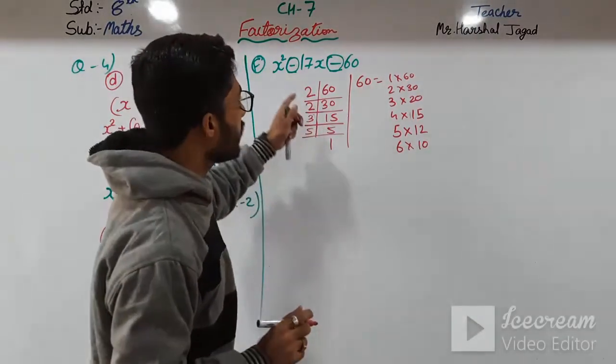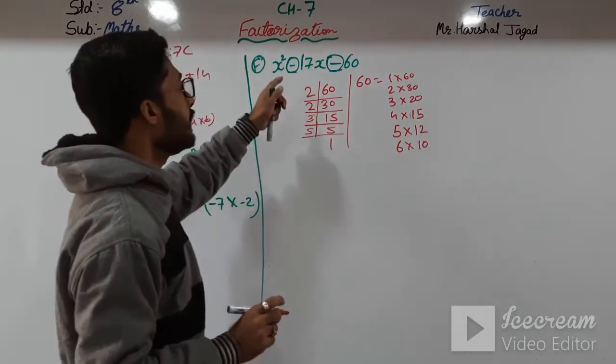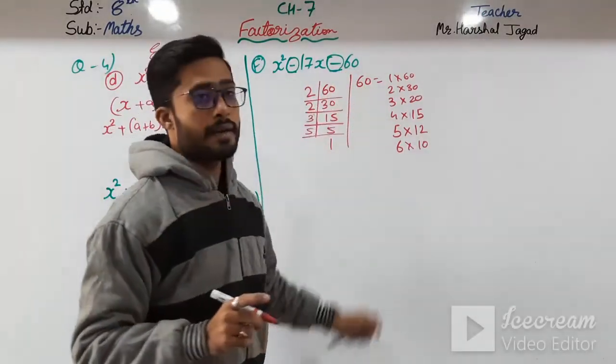So here you can see which pair, if we do this, will give us minus 17 as the sum and minus 60 as the product.